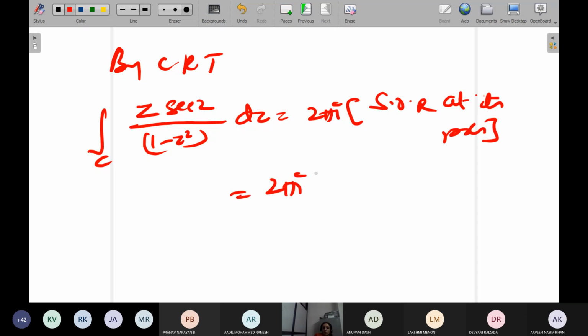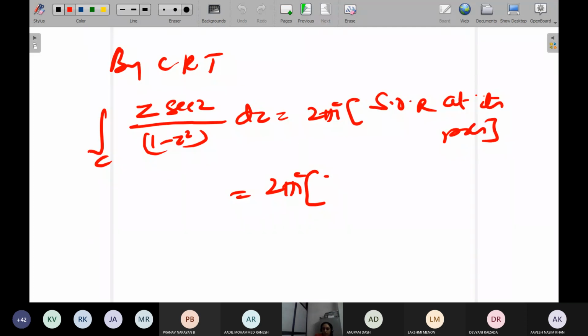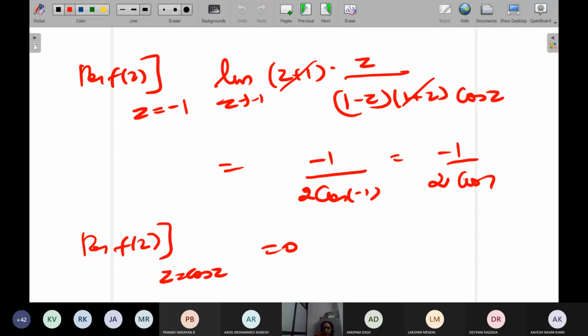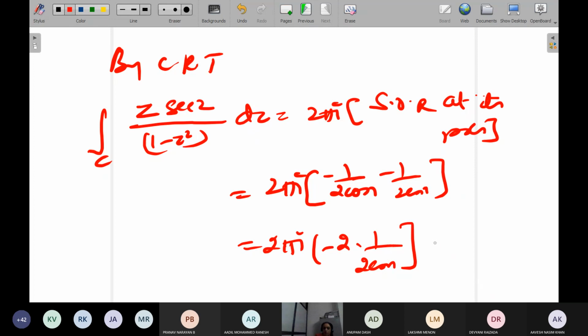Both residues are minus 1 by 2 cos 1. So this equals 2 pi i into minus 2 times 1 by 2 cos 1. The 2 cancels, and you get minus 2 pi i by cos 1. You can even write it as minus 2 pi i secant 1, because that was given in the question.